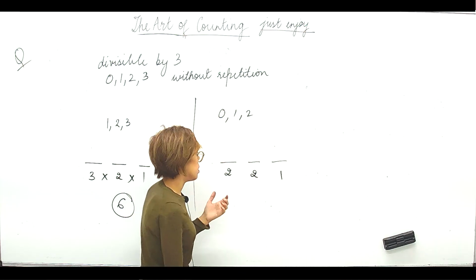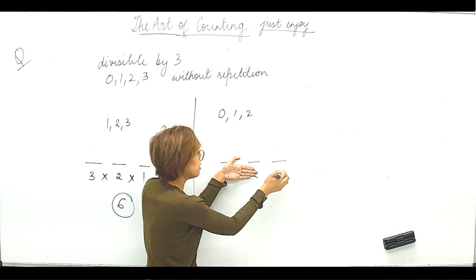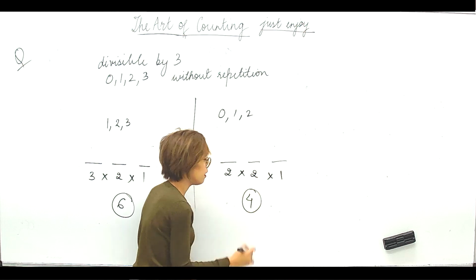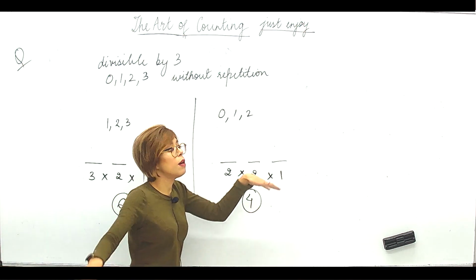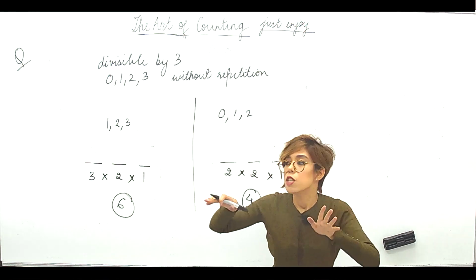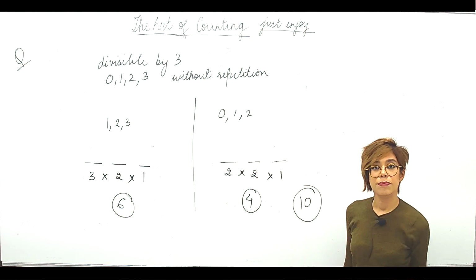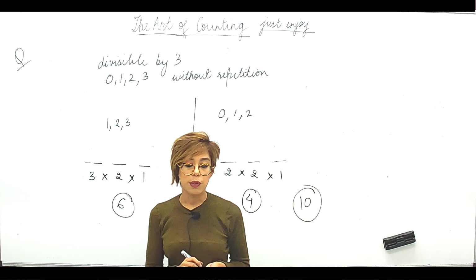So corresponding to this, I have this one, so multiplied. Corresponding to this, I have this, so multiplied. Right? So total number of numbers is 4. So in the first case, 6. In the second case, 4. The total number of cases was 2. So how many numbers will there be in total? Just 10. Right? And that's the answer. So the next one.